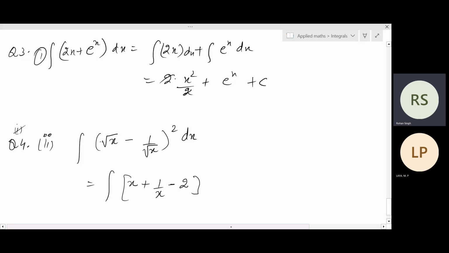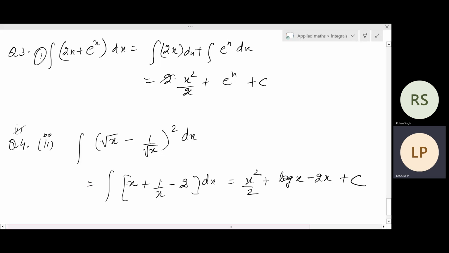So this is minus 2. Now we can just integrate everything. x dx will become x square by 2, 1 over x will become log x, and minus 2 dx will become minus 2x.